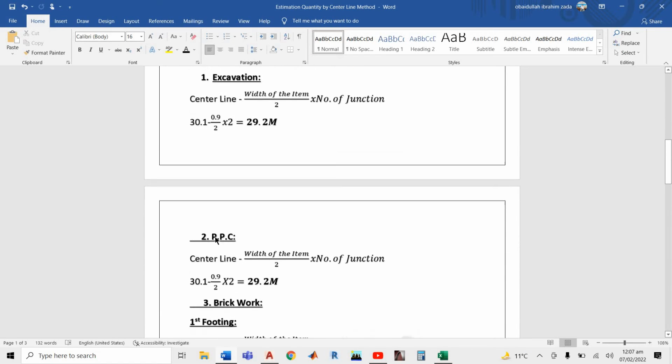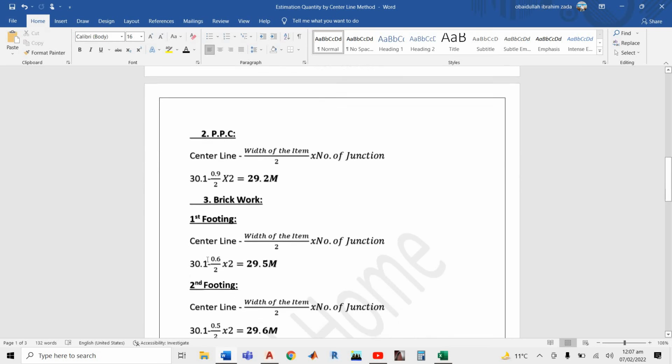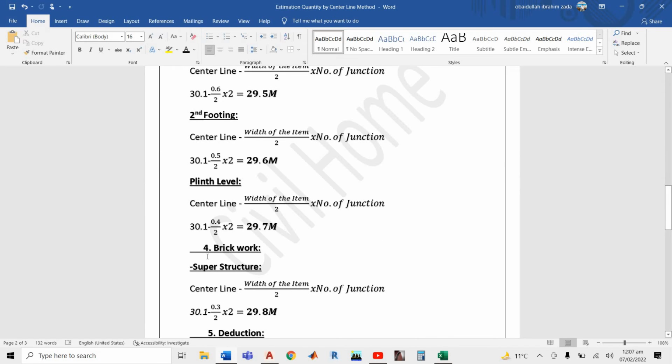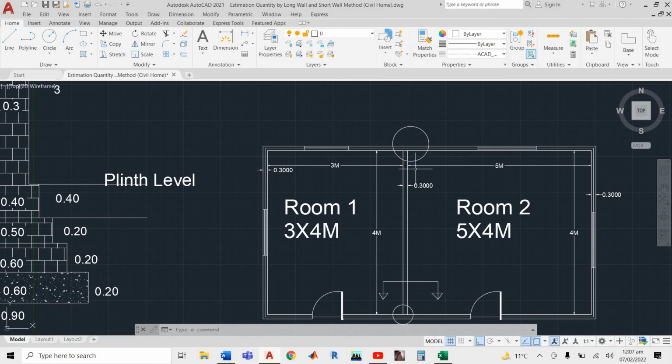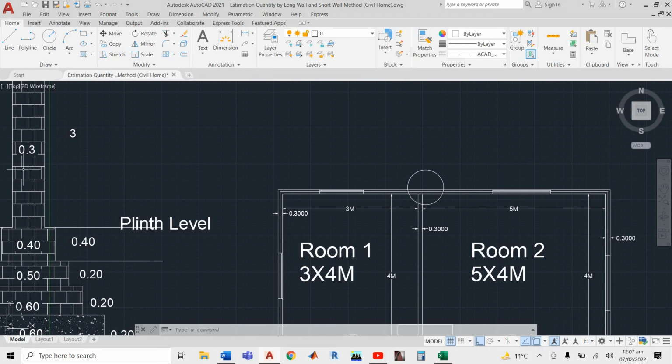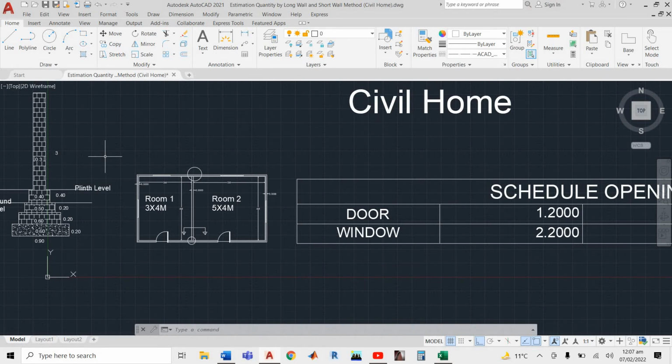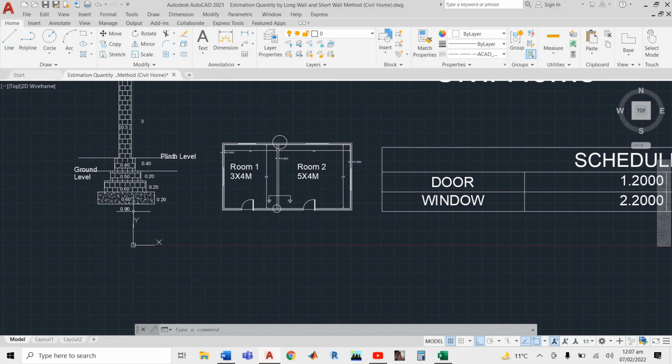Your center line is the same in every particular, because you don't have another house plan for your PPC, or for your plane level, or for your brickwork. You have one house plan, and you calculated the total length of the center line once. Because of this, the center line is the same. It's not like the projection, which will change in every particular.